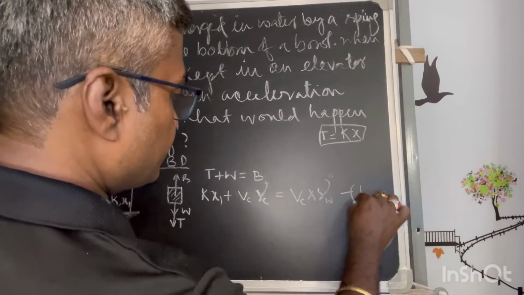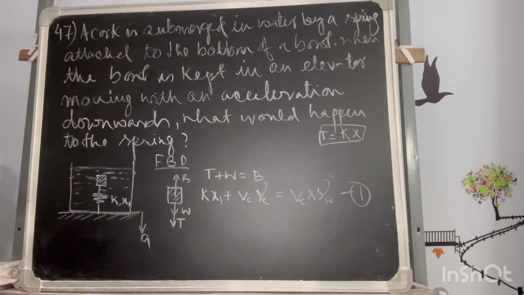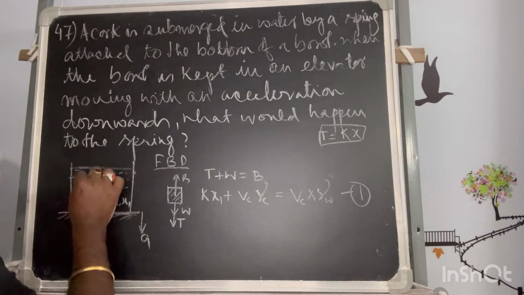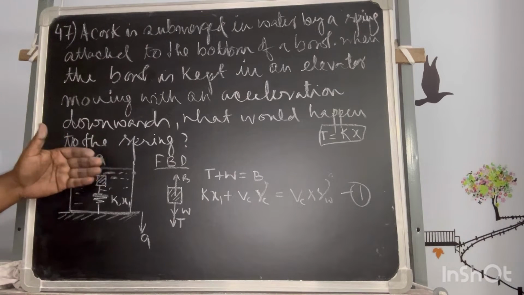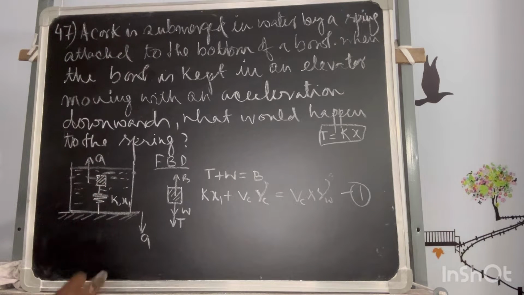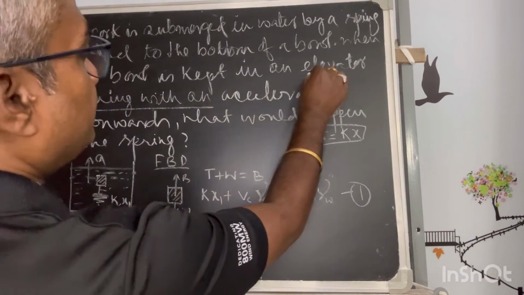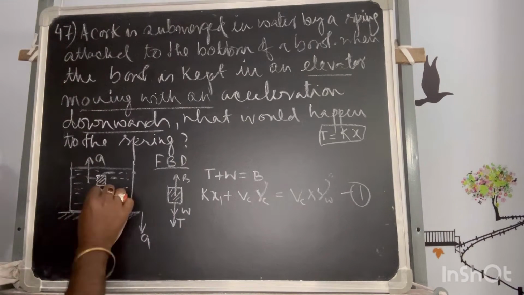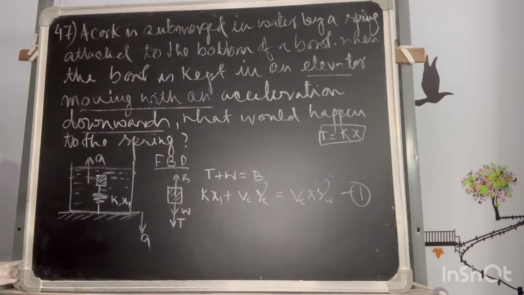This is the first equation. Now when the lift is moving with acceleration a, due to inertia everything which is not physically fixed will try to keep its inertia, so it will experience an acceleration opposite to the direction of the lift's motion. Now the elevator is moving downward, so the acceleration is downward, and the acceleration that the system experiences will be upward.